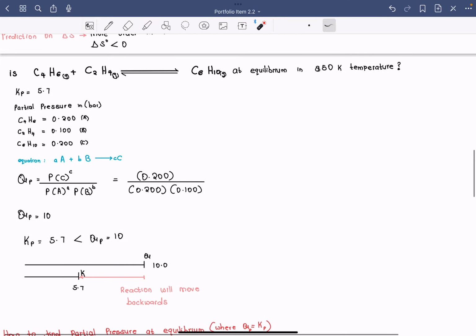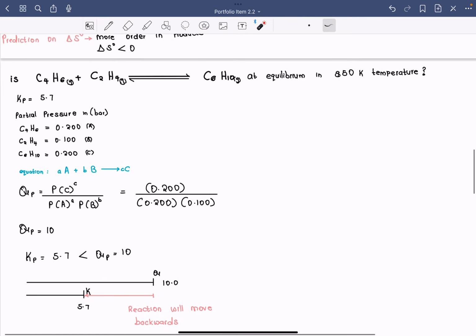So now let us determine if our reaction is at equilibrium, and if not, what will be the direction of this reaction. At equilibrium, Q equals K. In this question, we've been asked: is C4H6 reacting with C2H4 to form C6H10 at equilibrium at 850 Kelvin?